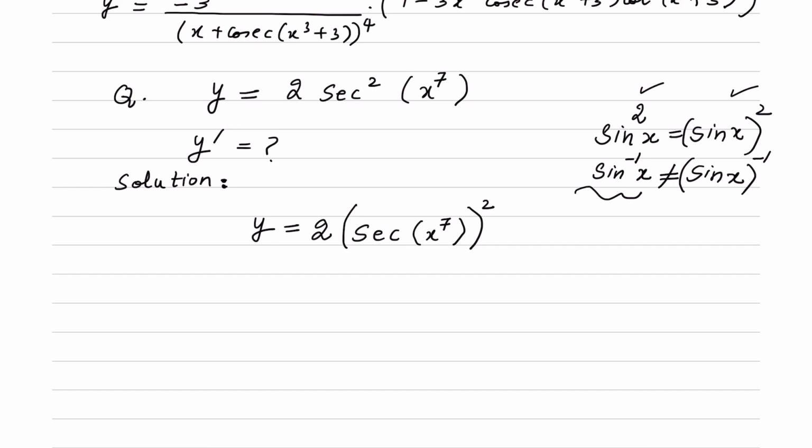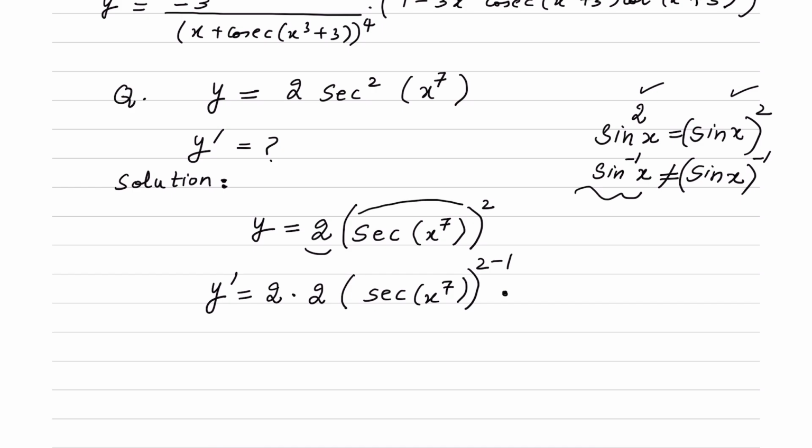Since there is the whole power, first we will apply the power rule of the derivative. We keep this constant 2 on the side as it is and then apply the power rule here. The power rule says bring this 2 on the side, secant angle, subtract 1 from the power, multiplied by the derivative of this inside term.